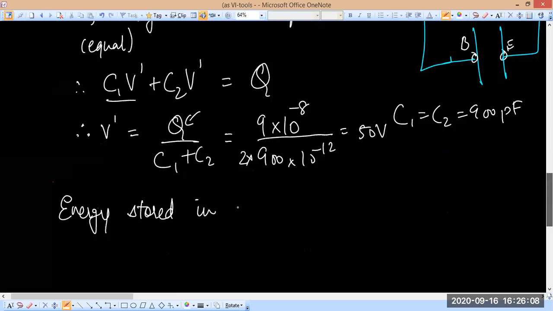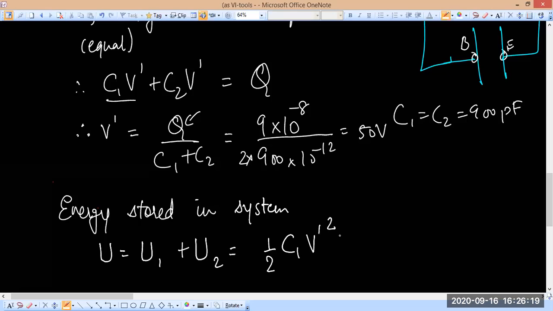So energy stored in system is U equal to U1 plus U2, right? So half C1 V dash square, right? Because now the voltage of the capacitor is, then I'm going to remove you, Avinash.